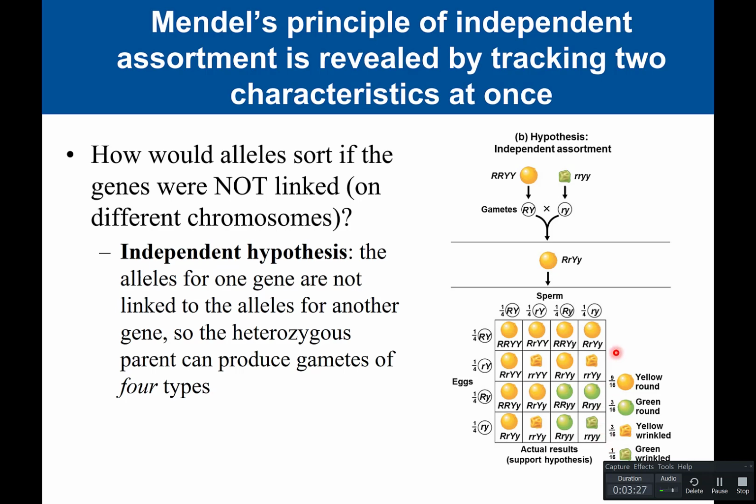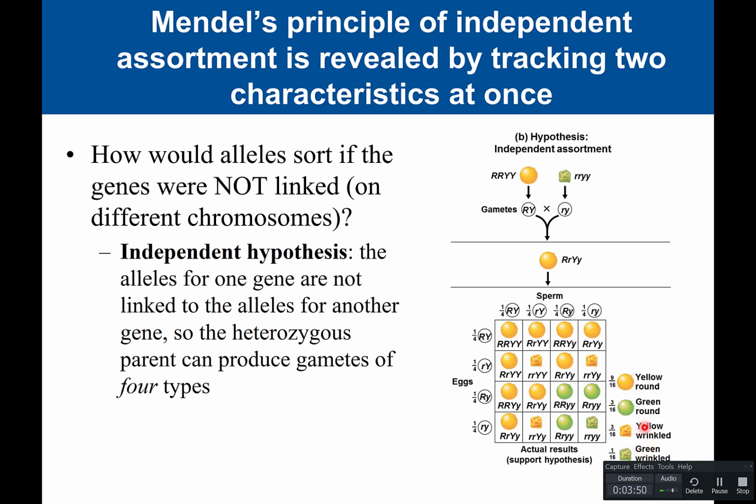But notice that when those chromosomes assort independently, because they're on separate chromosomes, we now have different options. We have a probability of getting 9/16 yellow and round, 3/16 green and round, 3/16 yellow and wrinkled, and 1/16 green and wrinkled.